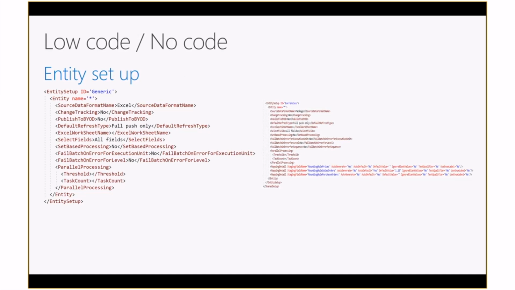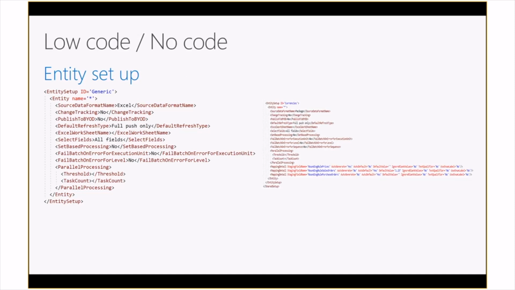Now, the other key piece I want to call out here is, typically when we use data packages, of course, there is more than one entity, but in general, when we deal with demo data packages or even bigger implementations, they may have hundreds of entities. At least the demo data packages that we ship go all the way to 400 plus entities in the same data package.